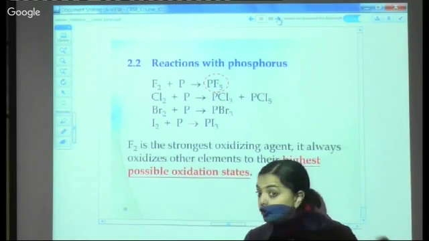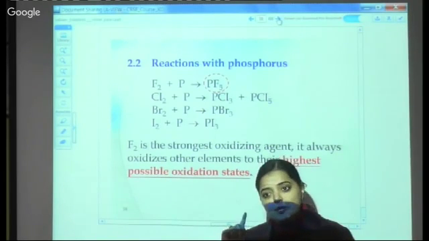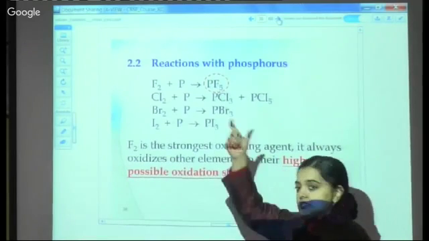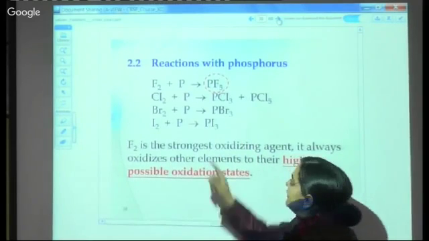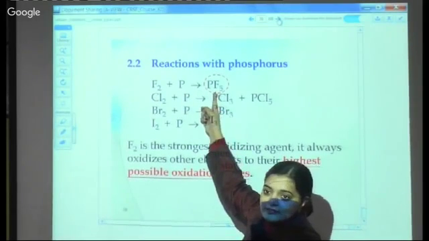With the best oxidizing agent, it goes to the maximum oxidation state. Since fluorine is the strongest oxidizing agent in the group, it goes to the maximum oxidation state, that is PF5.